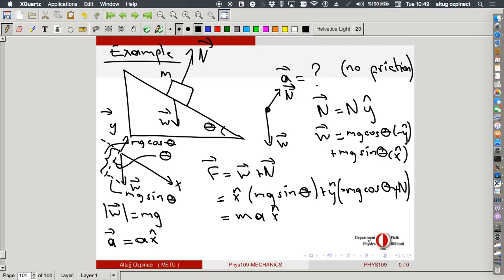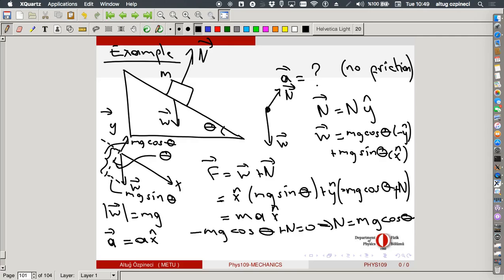So the y component of this vector should be 0. That tells me that minus mg cosine theta plus n should be equal to 0, or the normal force should be equal to mg times cosine theta. So now we know the normal force.